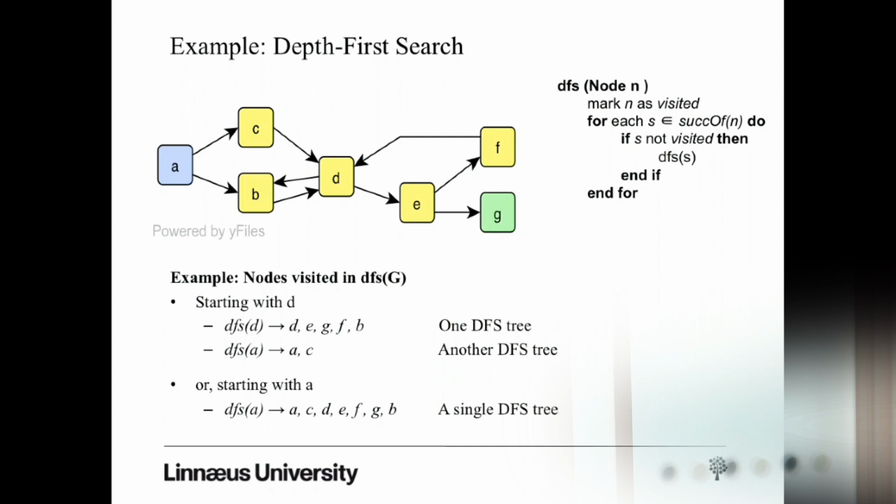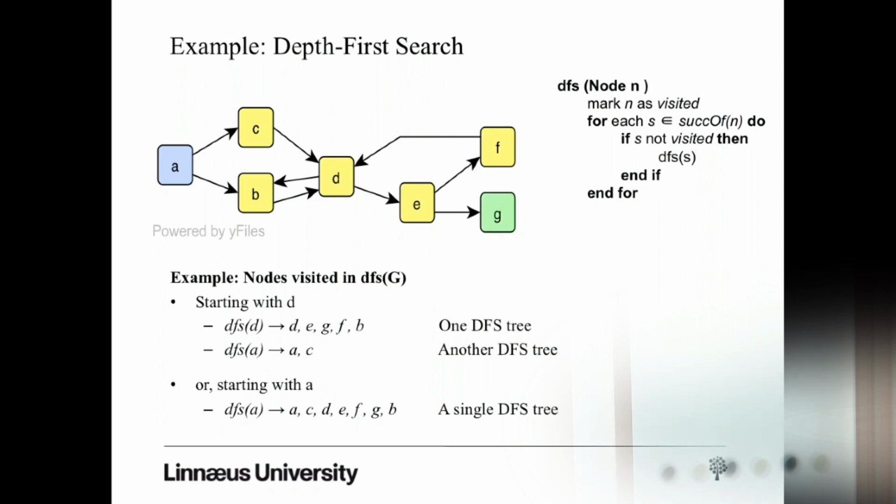So I go back to the D, and then D has another successor which is B. I will visit it because I have not visited it already. And on the B, I will see what are the successors. The B has successor D, and that has been visited already.